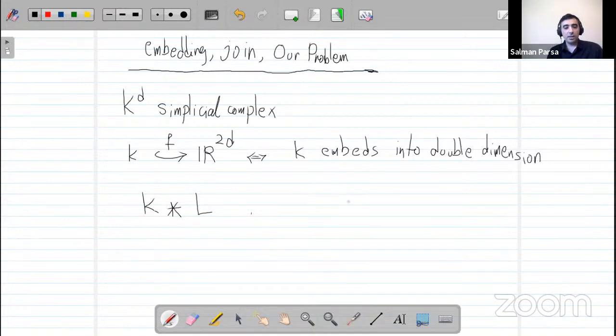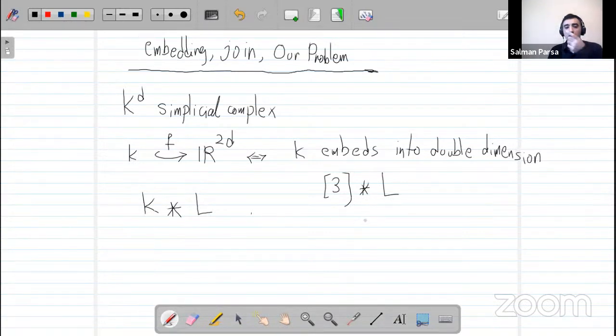For instance, if K and L are some special complexes, which I talk about later, or if one of these K and L is a 3-point set, then in his paper, Sergey and his colleague showed that if L does not embed in double dimension, then the join of it with a 3-point set does not embed in double dimension.